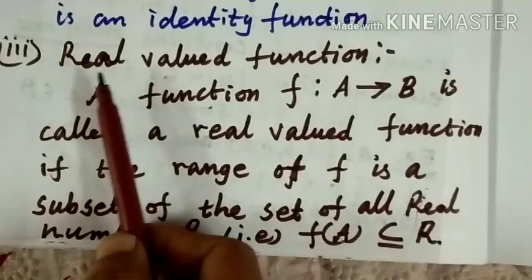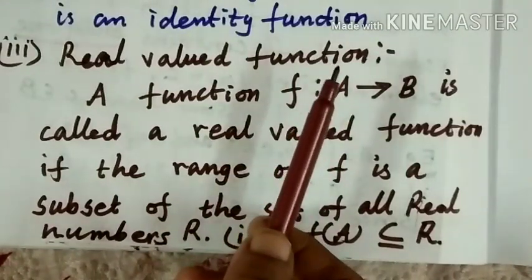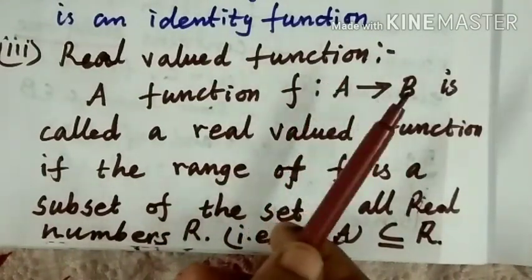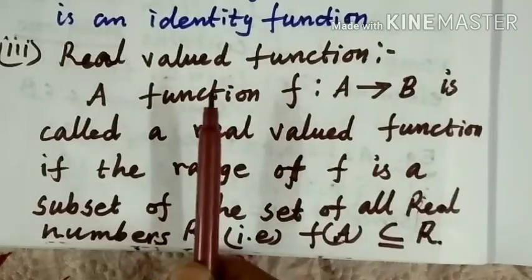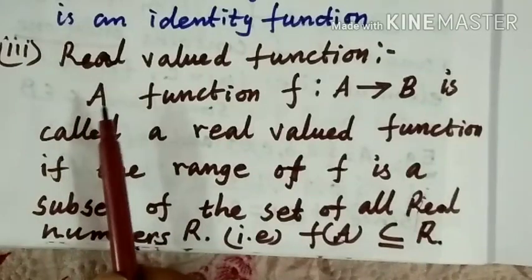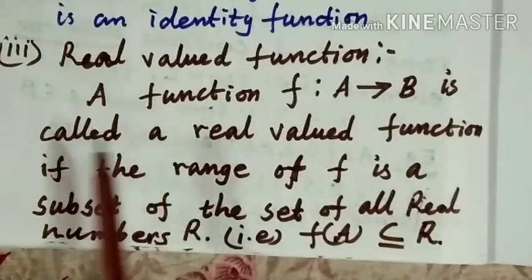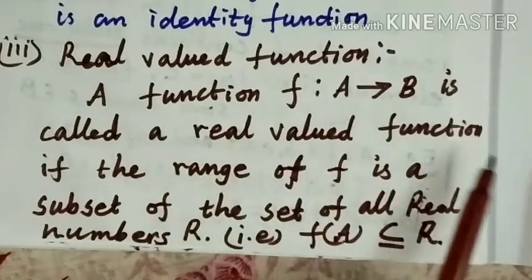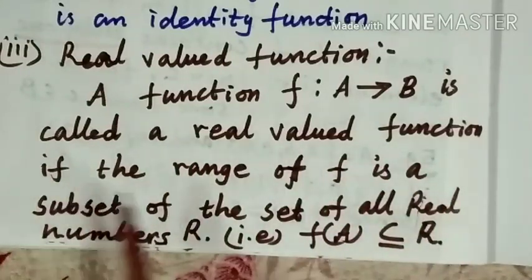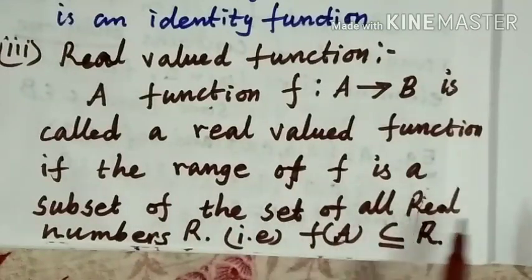Okay, last type, real valued function. Real valued function is nothing but the range of this function is a subset of real numbers. See the definition. A function f from A to B is called a real valued function if the range of f is a subset of all real numbers.